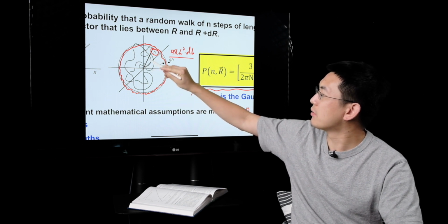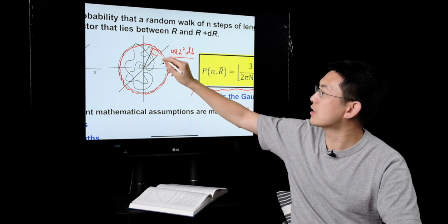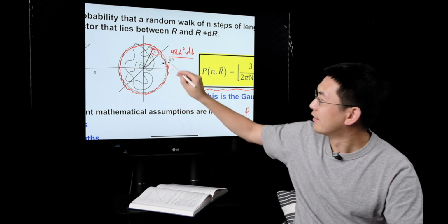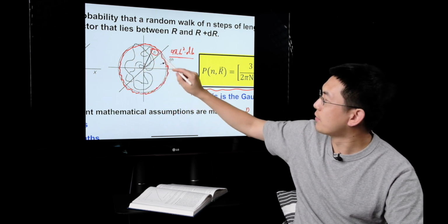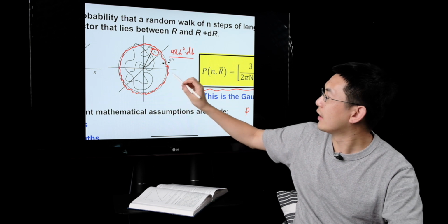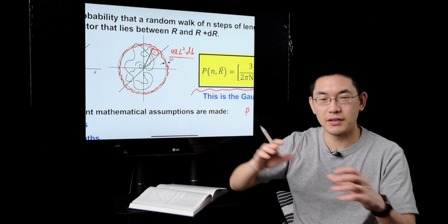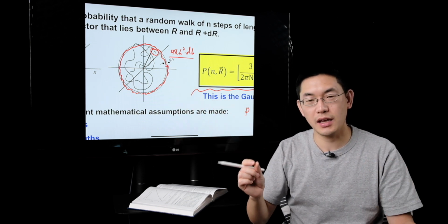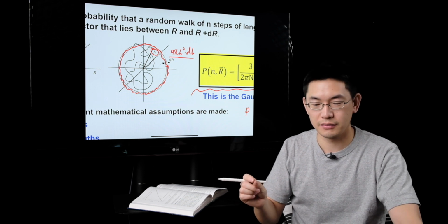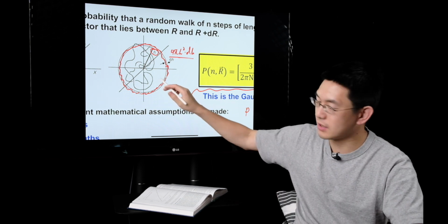So 4 pi multiplied by h squared, where h is the distance, will give you the total surface area in this red ball. And we need to integrate over this surface area to see how many chains happen to be in that area. So that's why we need to do this.